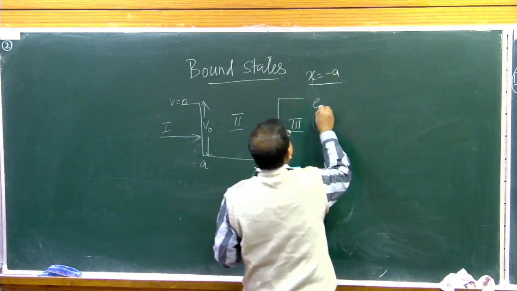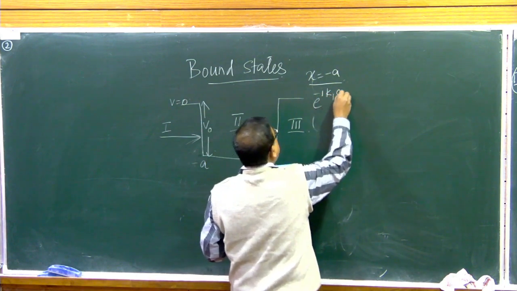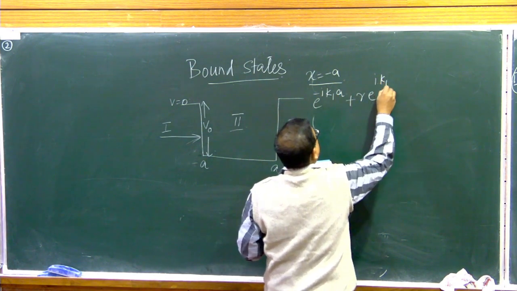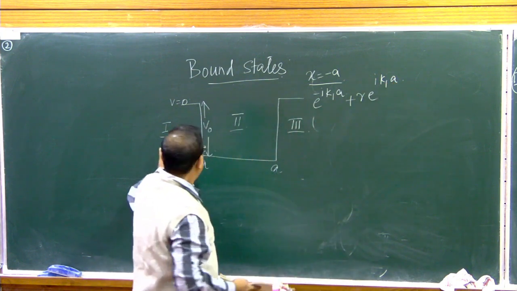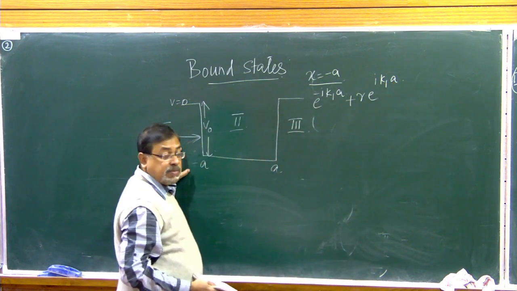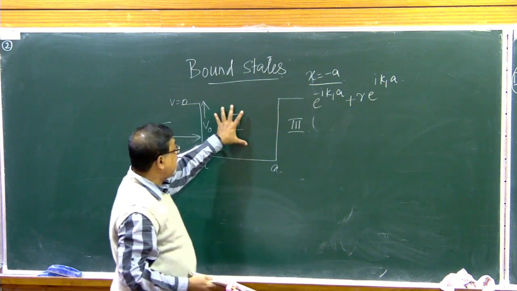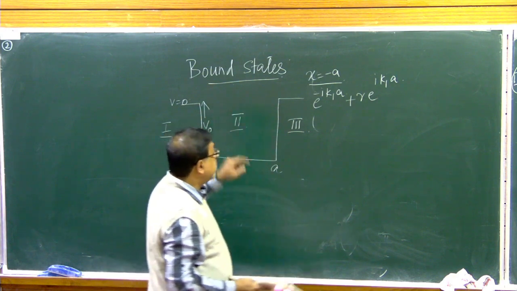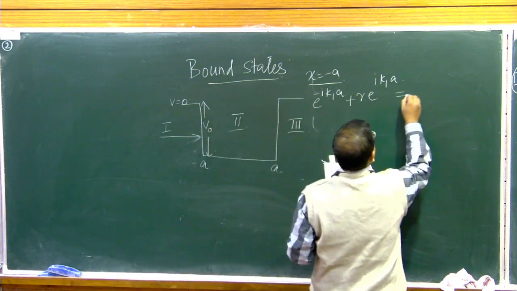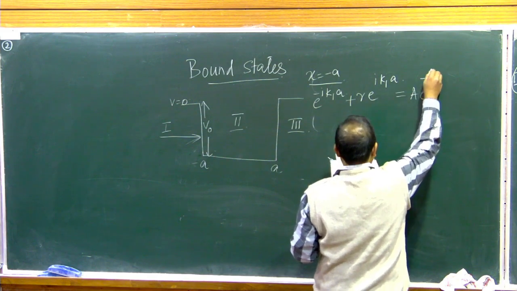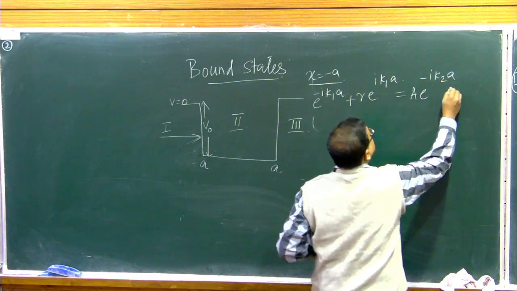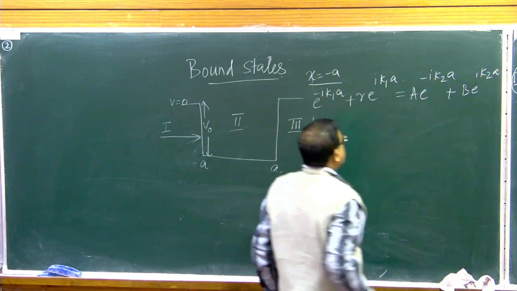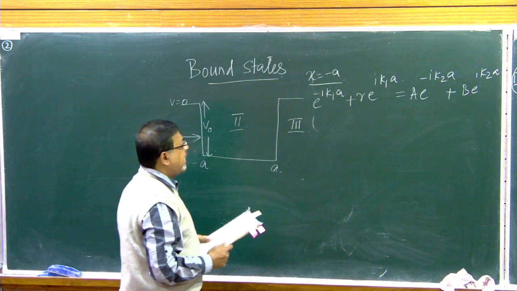So that will be exponential minus i k1 a plus r exponential i k1 a. That's the contribution from the left, and that has to be matched with the contribution from inside the well, which is region 2, which is equal to a exponential minus i k2 a plus b exponential i k2 a. That's matching the psi at x equal to minus a.